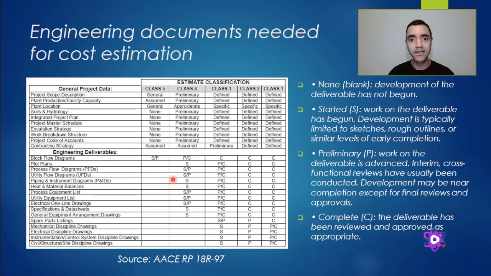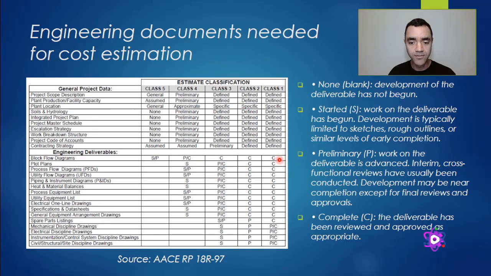And as the engineering deliverables are issued, the cost estimation engineer is able to refine the cost estimation and get more accurate results. And this table here, you need to read in this way.